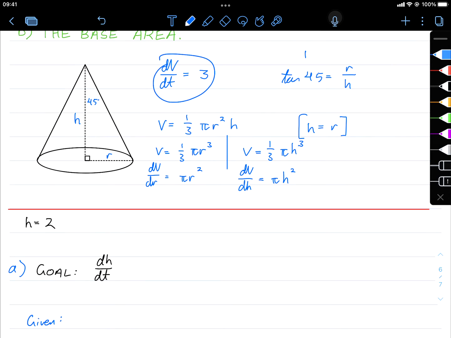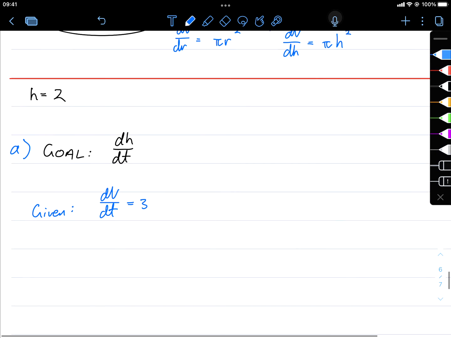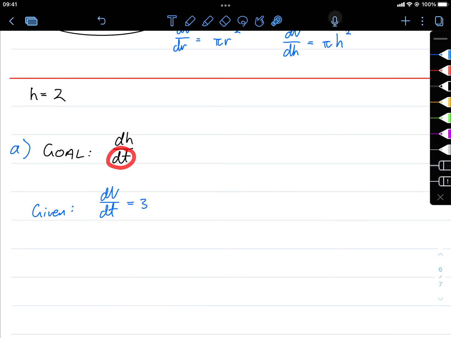We have dv on dt equaling 3, which is good because we have dt here, so we're close already. So let's actually just plug that in for now. We have dv on dt. So now all we're left to find is something over dv. We need to cancel these two.